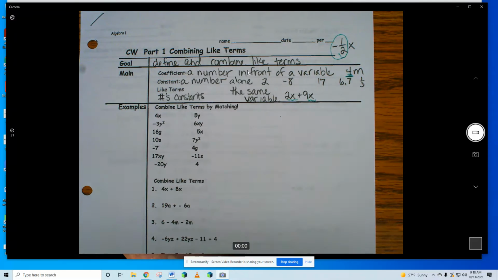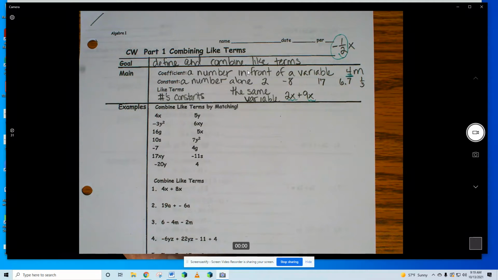In years past, I've used this term backpack. It's like I'm a number, and let's just say I'm the number 1 because my body is straight. So I'm the number 1. And then if I have a backpack on my body, it's this extra thing. And so I'm going to call a variable, it's like a backpack. So if I have a 1 and then an x, this x is like something extra added to it.